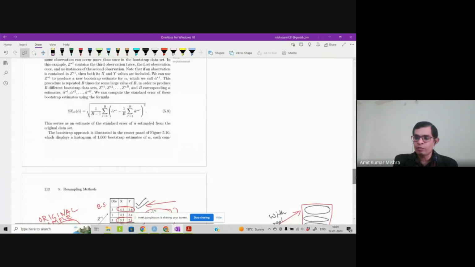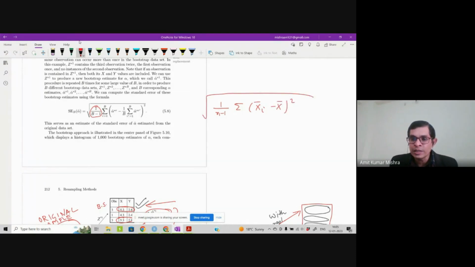Now if you find out the standard error based upon bootstrap, what will be the formula? Of course, formula will be same. Instead of n, see, remember we have 1 upon n minus 1 summation xi minus x bar whole square. That kind of thing is the standard error if you are focusing on that. Now what we are doing, we are finding the average of all the bootstrap estimates.